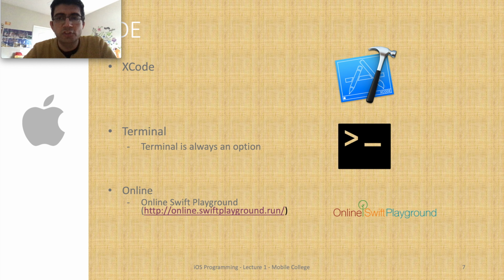Xcode is the IDE which is provided by Apple for iOS development, and you can use it for doing your basic Swift development as well, which is non-iOS, just testing out the waters with Swift. You can use it, and that's just an awesome platform, an awesome tool that has been provided by Apple. It's free, and I will cover the steps on how you can go about procuring it in a bit. My recommendation: use Xcode.